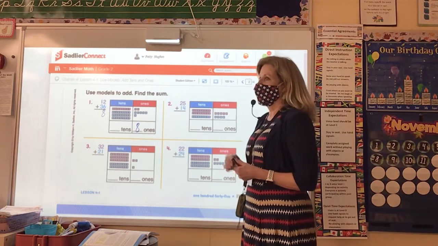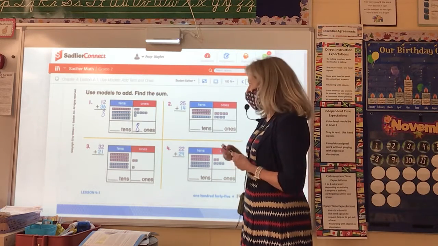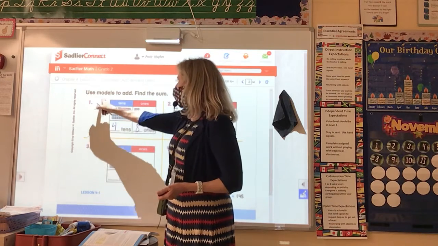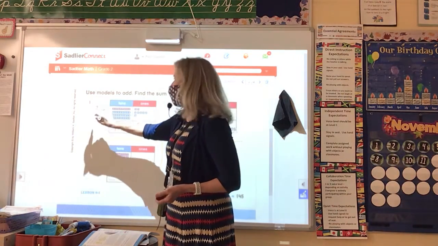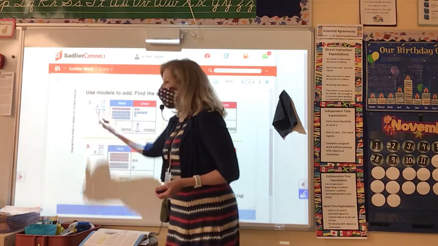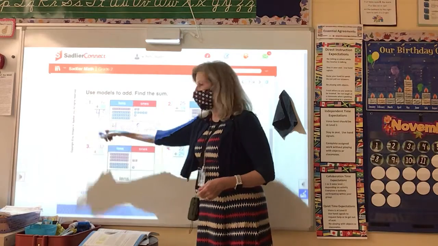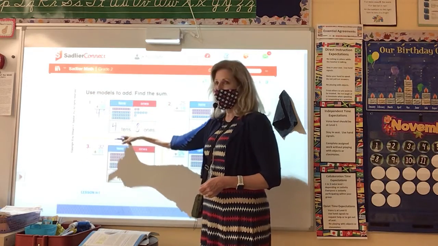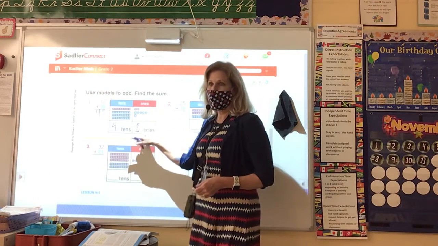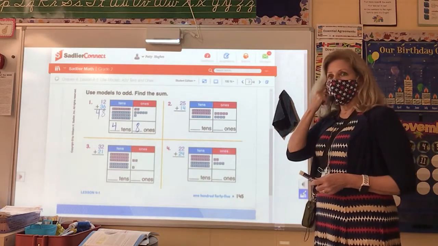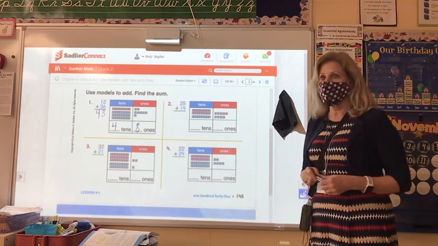How many tens do you see? 4. So we're going to put a 4 here. And then 1 plus 3 equals 4. So when you do this, your numbers should come out the same. 48 equals 4 tens and 8 ones. Any questions so far? Diego?